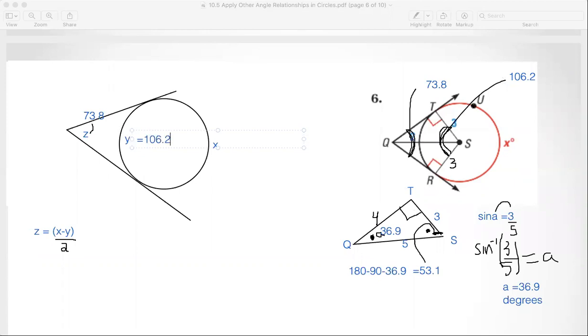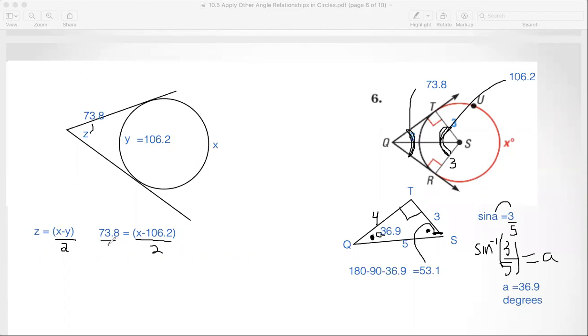Whoop, whoop. Okay, guys, so we got 2 out of 3 variables. We're ready to do the math. Let's fill in what we know. So I know Z, which is 73.8. That's equal to X, big arc, minus little arc, 106.2, all divided by 2. Ooh, that was a horrible line. I'm going to redo that. Okay.